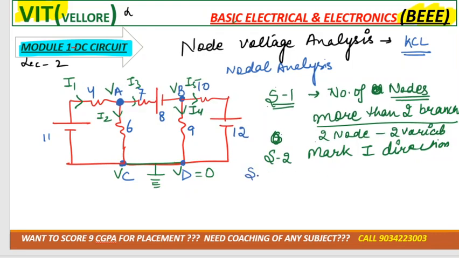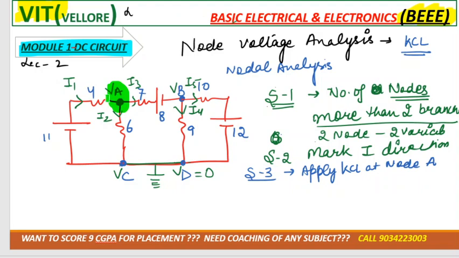Now in step number 3 we have to apply KCL at node A. Just imagine this is your college, VA is your college. Tell me which current is entering your college and which current is leaving your college.